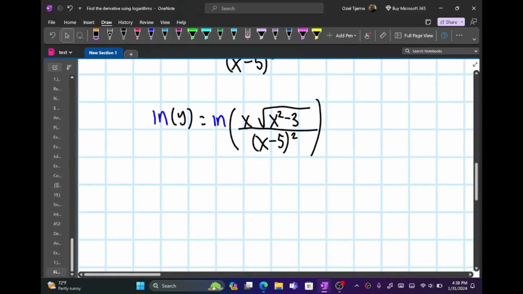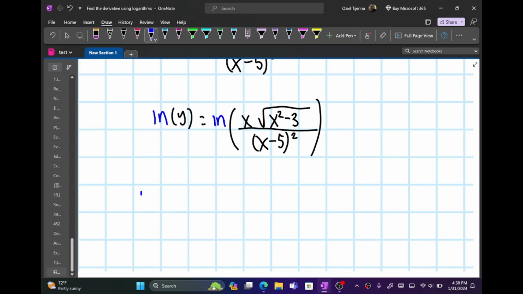So in this case, what I'm going to do is say this is natural log of y. Natural log of y is equal to natural log, and I'm going to color code this part. So I'm going to say x, and then x squared minus 3, and then over x minus 5 in another color, and then quantity squared.